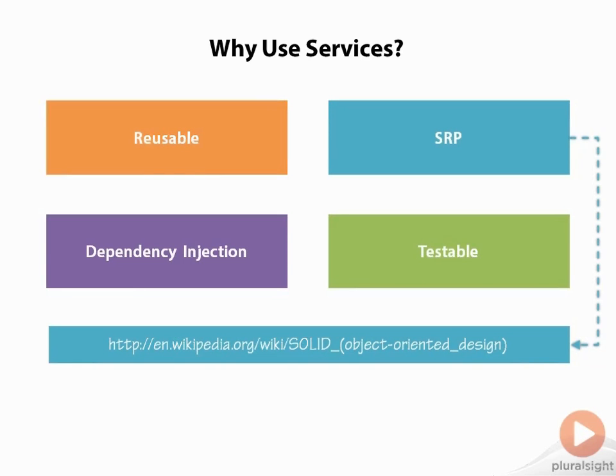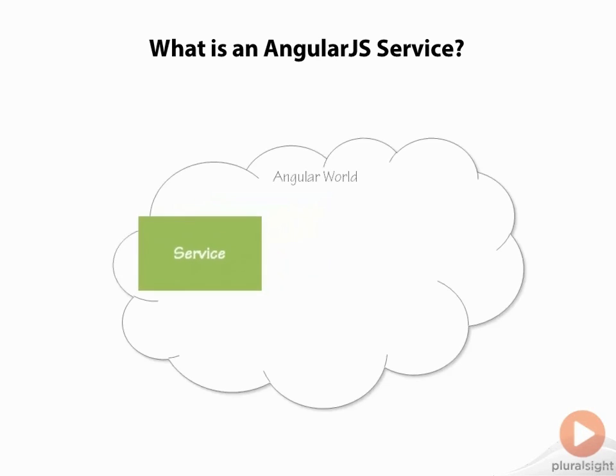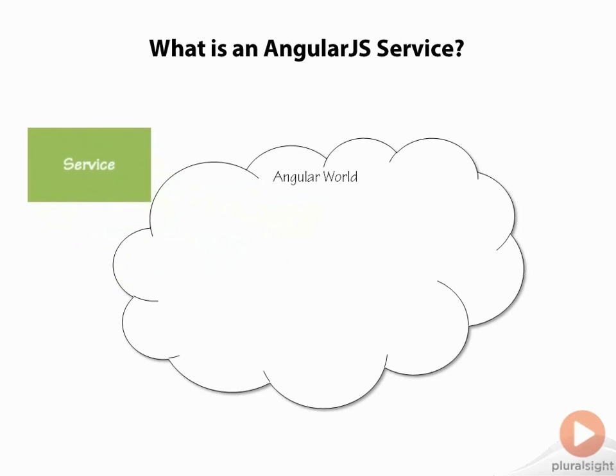AngularJS was actually built from the ground up to be testable, and services are one of the things that have made that possible. An AngularJS service, whether it's built-in or custom, is really just like the services that we just talked about. It's just a simple worker object, and you create it just like any other object, except that when you create an object intended to be used as a service, Angular is unaware of its existence until you register that service with Angular.